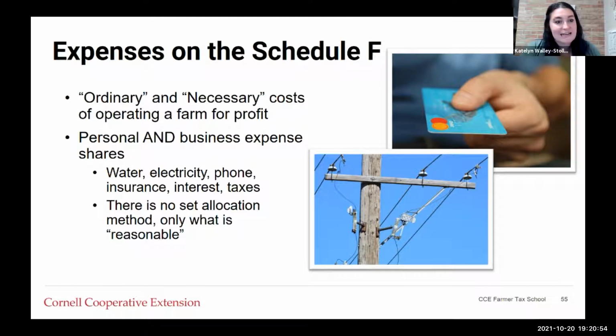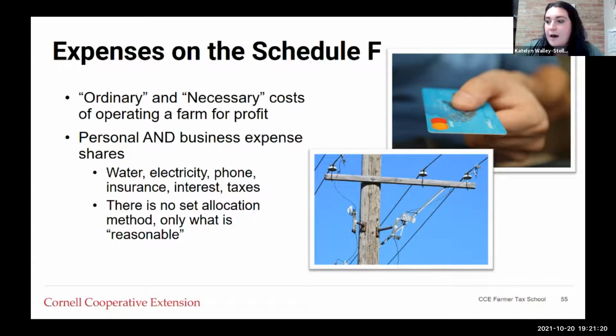What we do here is kind of use our best reasonable effort guess to establish those allocations and then follow those allocations in the future. Working with a tax preparer that is really used to working with farms, especially farms of your size and your commodity group, is really helpful in this case, because they're going to have a better understanding of what those breakups might look like.